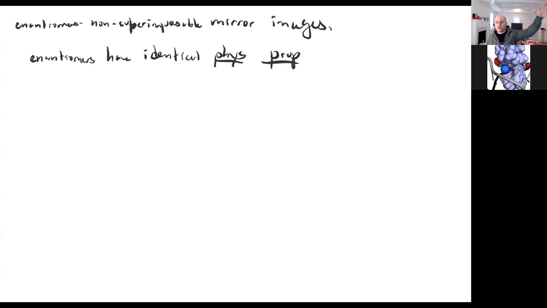We'll get to NMR spectroscopy. Same spectroscopic properties with the exception of one in general, okay? So enantiomers can't really be distinguished by any sort of physical property, looking at differences in melting points and things like that.